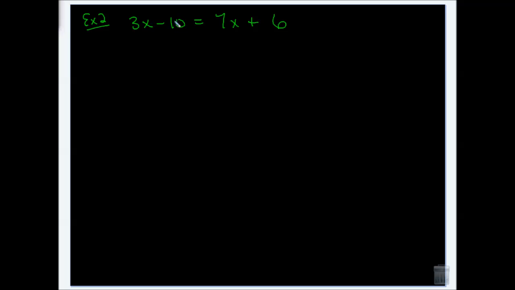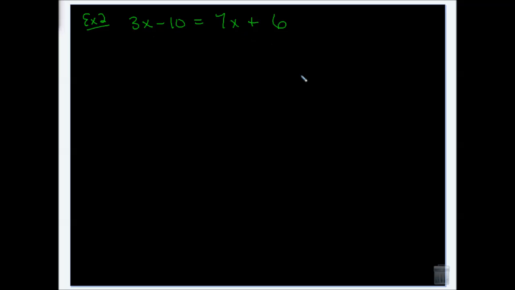Some people prefer that their variables are always positive. So you have to decide, do you want your variable on the left? And so you'll subtract 7x from both sides to move this 7x to over here with the 3x and make it on the left, which will make it negative. Or are you so anti-negative that you would rather have it on the right and subtract 3x from both sides?